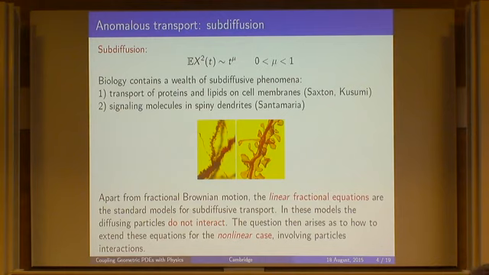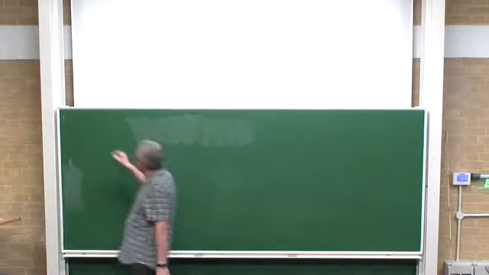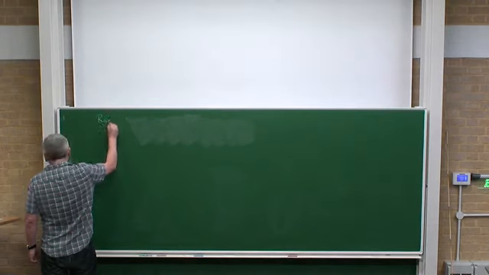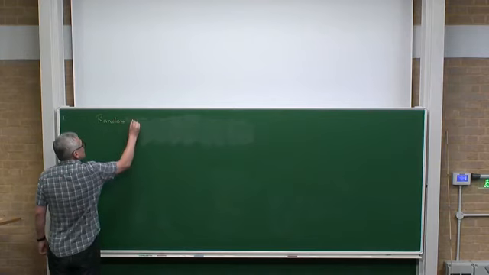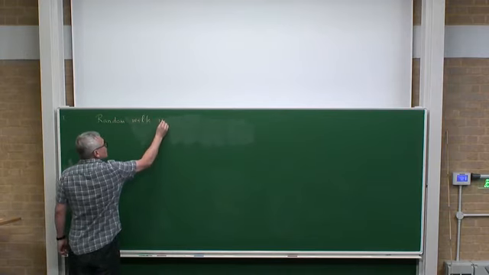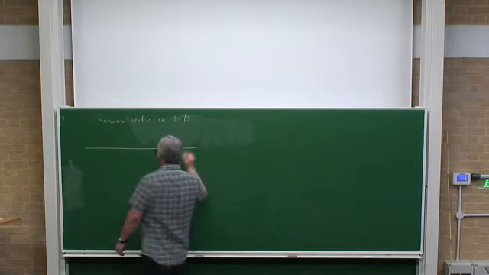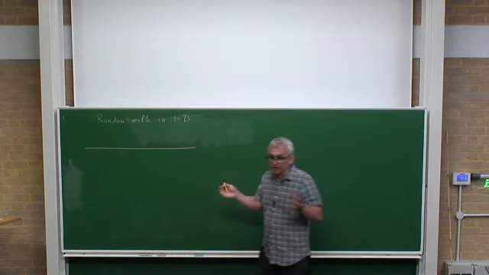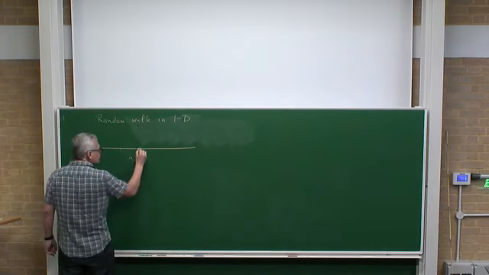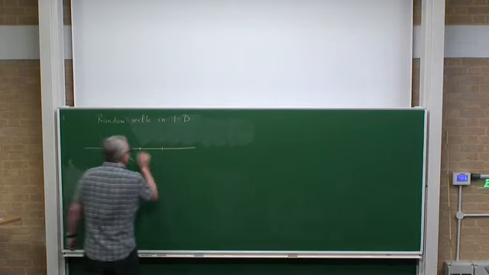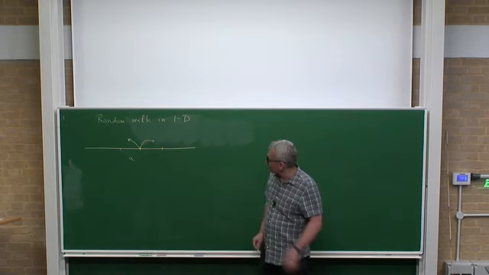For this reason, let us consider a random walk in 1D. So we consider one-dimensional space. We divide this space like a lattice, with typical size, let's say, a. And the particle symmetrically jumps to the right and to the left.